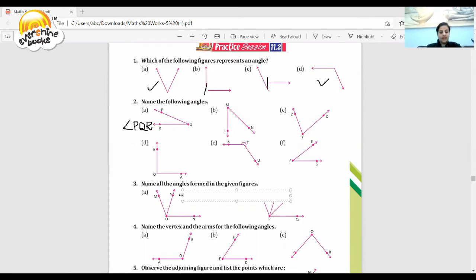Then MOP, with O in between, in capital letters. Then PON. Then MON. Likewise, draw the sign of angle here also.